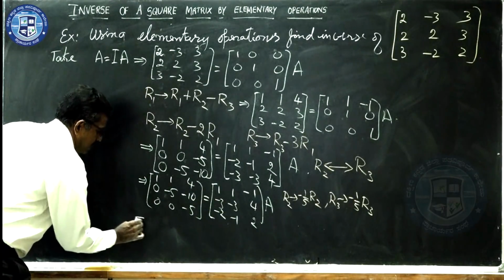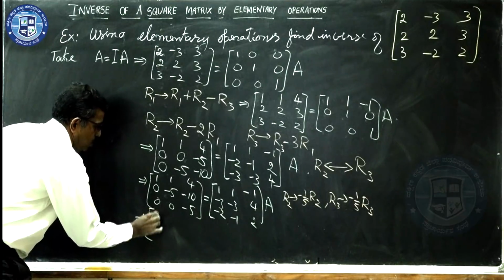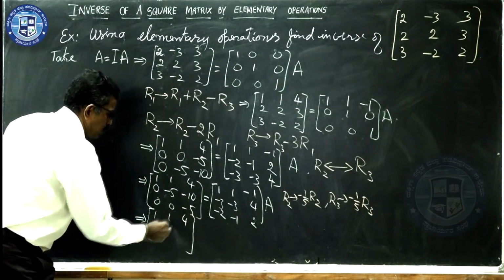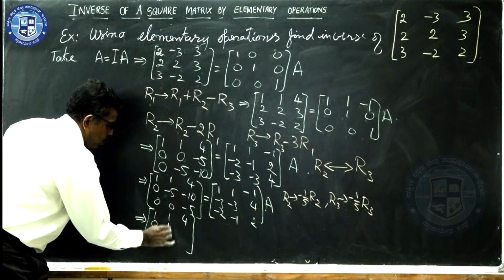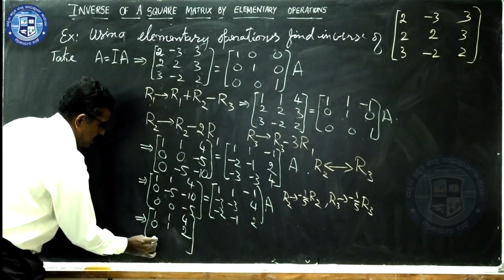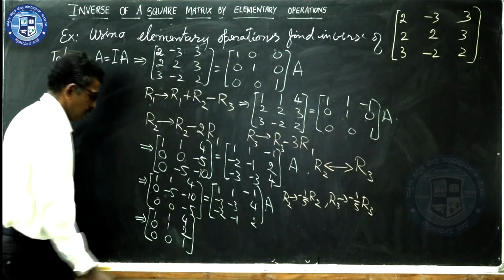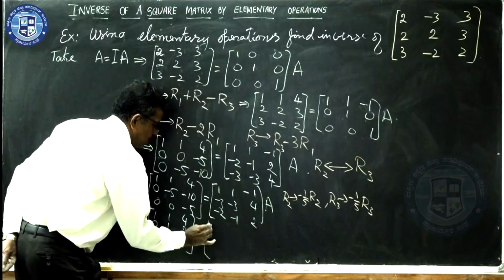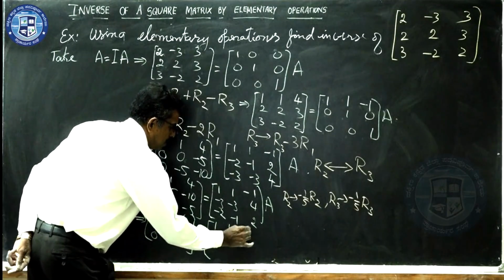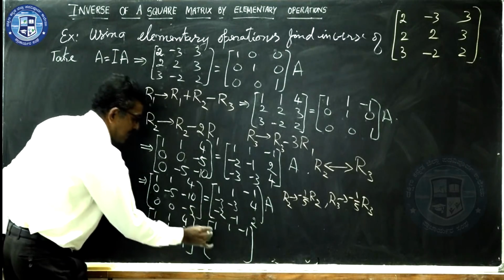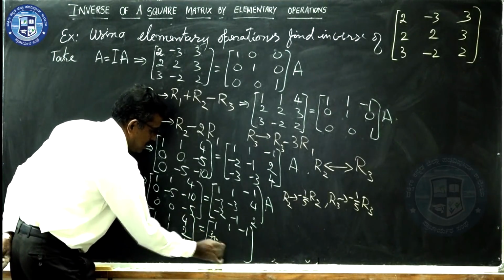Therefore, we expect here, it is 1, 1, 4, no changes in first row. Dividing throughout by minus 5, you get here 0, 1, 2. This is 0, 0, 1. So, this is equal to, what do you expect here? It is 1, 1, minus 1. Dividing throughout by minus 5, we expect here 3 by 5.